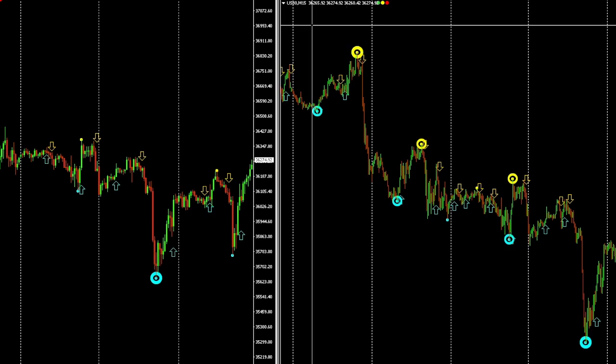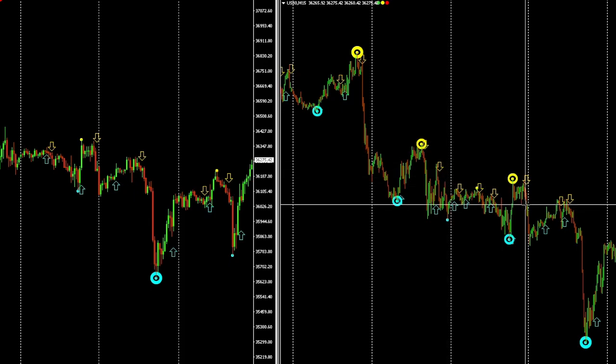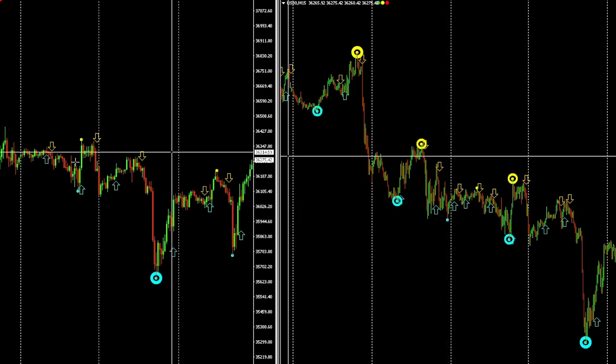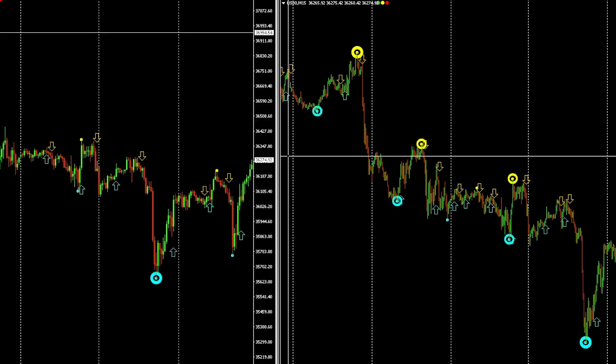So we'll take a look at this high. And I just want everybody to see the bigger picture of things. I want you to primarily pay attention to the bigger picture of what's on the 15-minute chart, more so than what's on the 30-minute chart. So let's start up here at this high. I'll zoom in on this high.